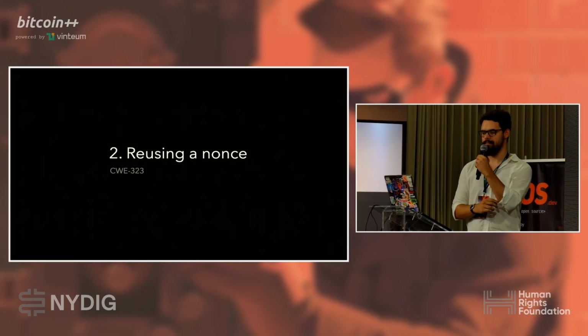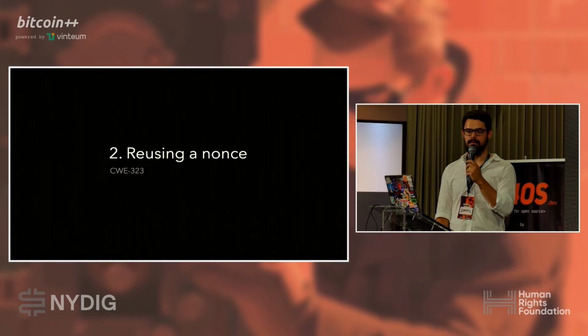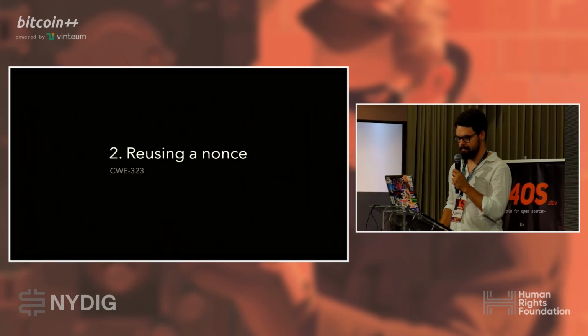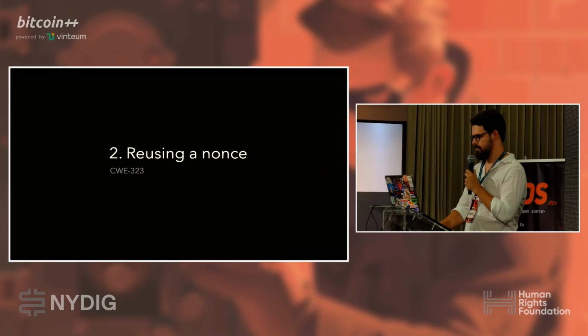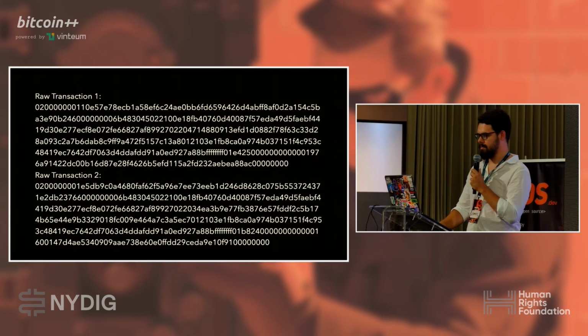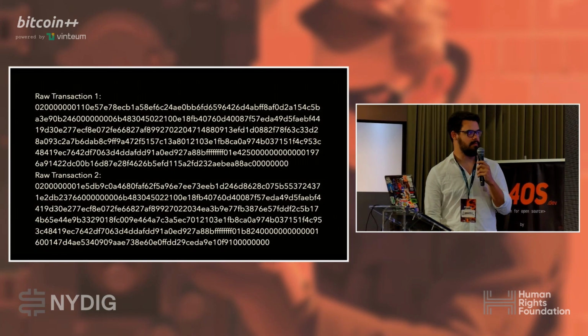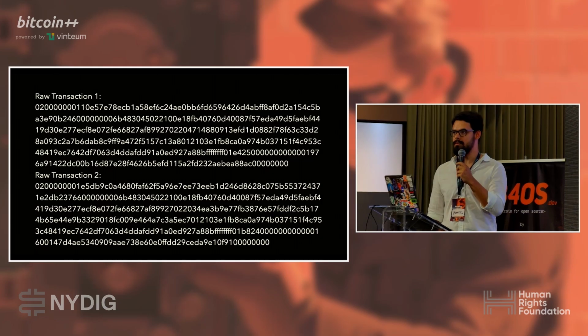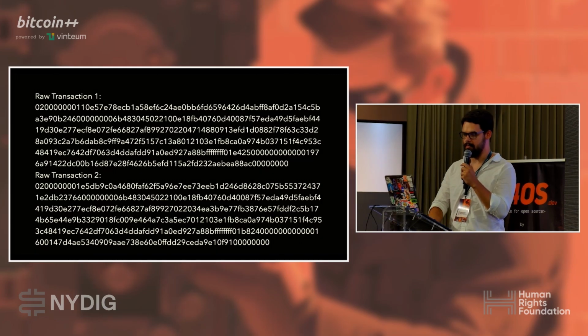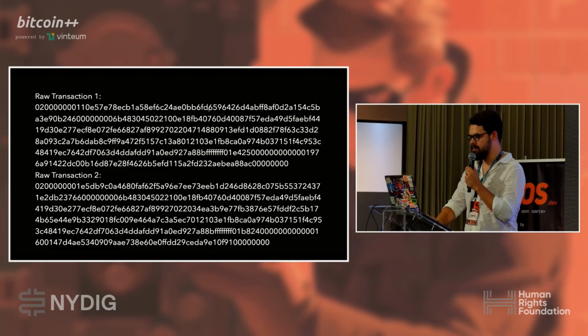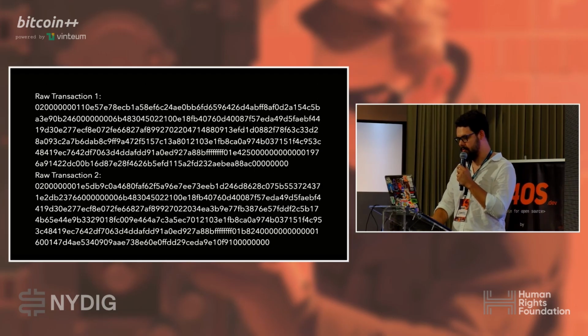Another example here is reusing nonces. Again, let's say you have 2 transactions. They are different. They are spending from different TX IDs, although they have the same value here.